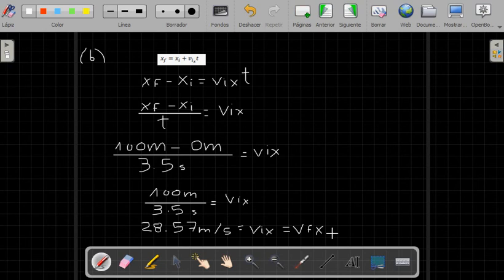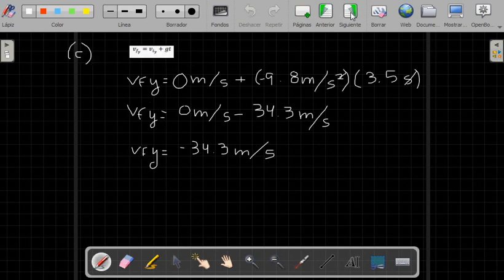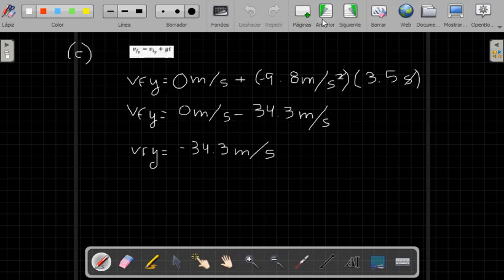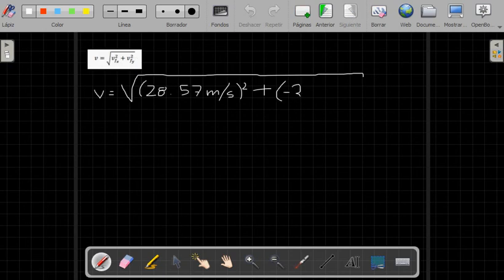With that, I'm going to replace here that number, 28.57 meters per second, squared, plus the final vertical velocity, which we have right here, it's equal to minus 34.3 meters per second. 34.3 meters per second squared.